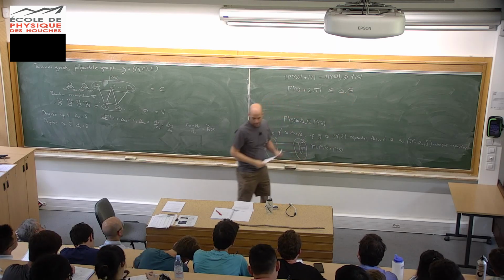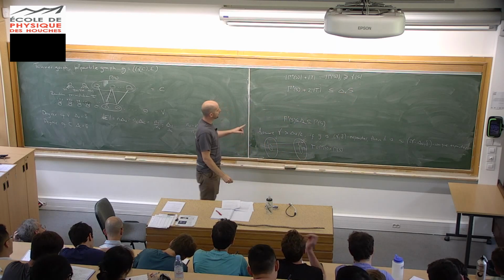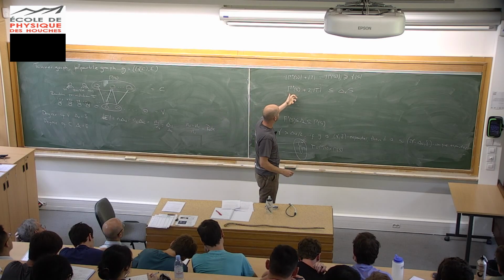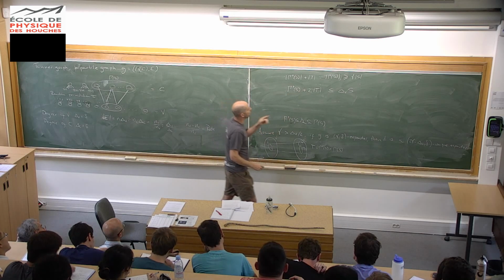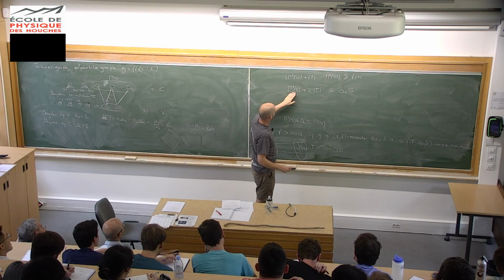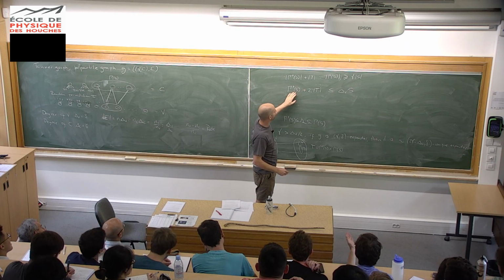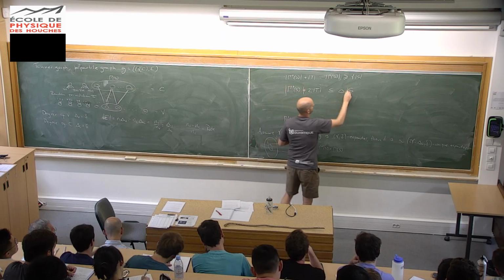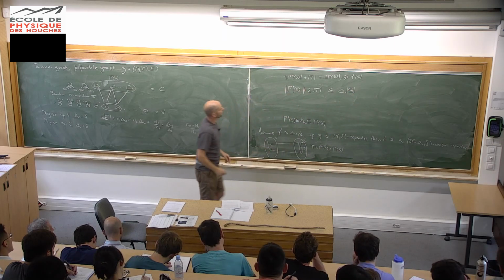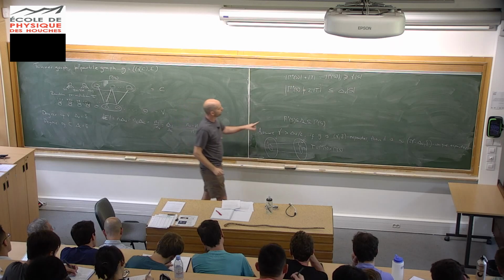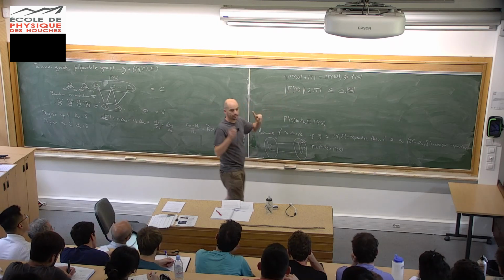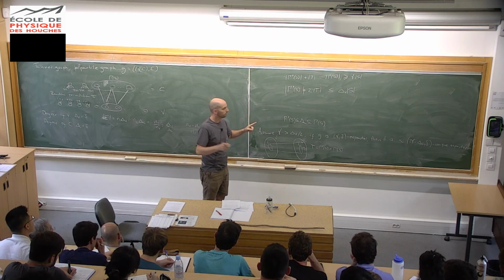All right, let's think about this. Here I'm counting the sizes. What am I doing here? I'm counting the number of checks that I can possibly be connected to.